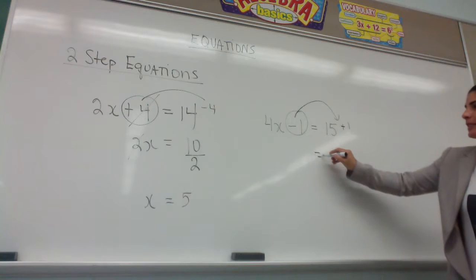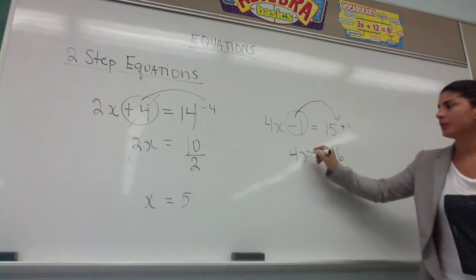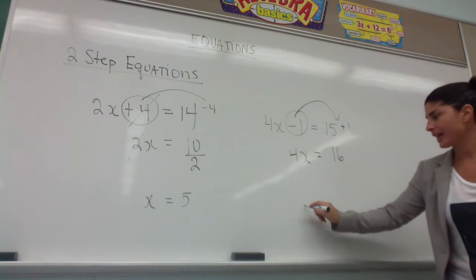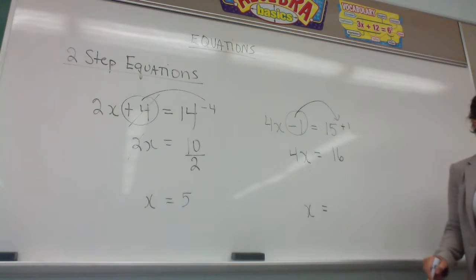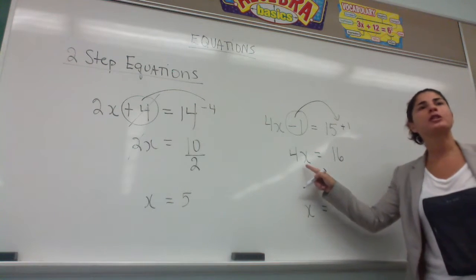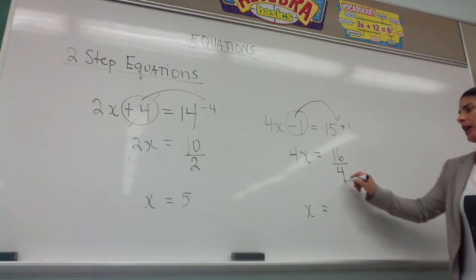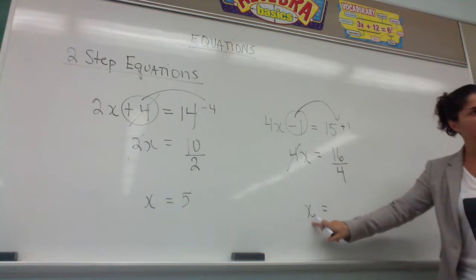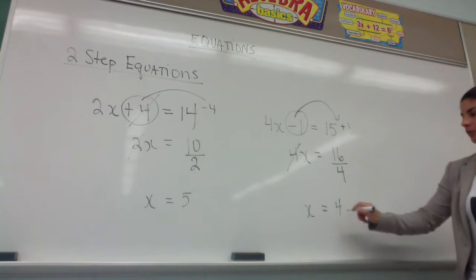So now I'm left with 16 on the right-hand side of the equal sign and a 4x on the left-hand side, which is not finished because the objective is to get x as a value of an answer. How do I remove this 4 times x? Divided by 4, removed. My objective has been met at x. 16 divided by 4 is equal to 4.